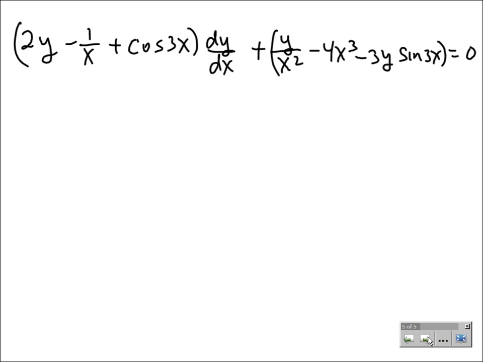Now, when I see a function like this, I think exact.